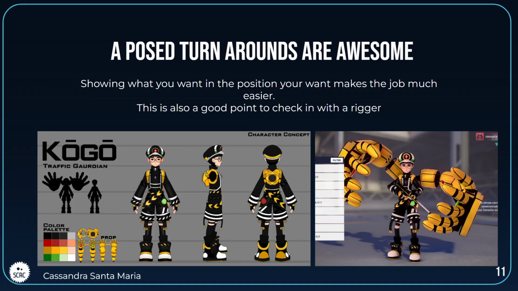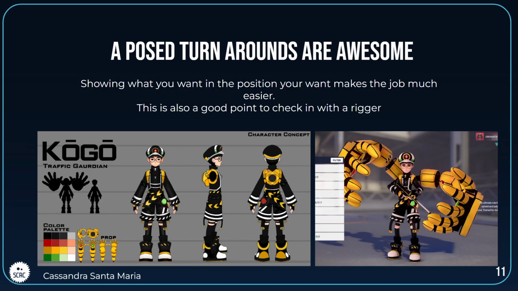Having a conversation with your rigger is also really important because some of them have different preferences. Some people prefer to have the mouth slightly open. Some people prefer to have the arms slightly up. It's really going to be person to person. But at the end of the day, if you can, having your turnaround in some sort of A pose, very neutral, is a big help.